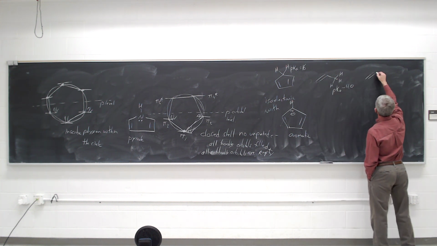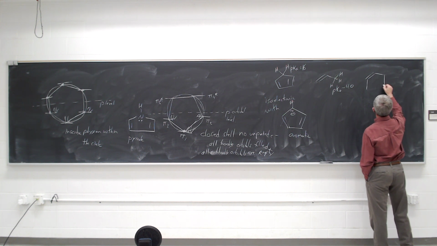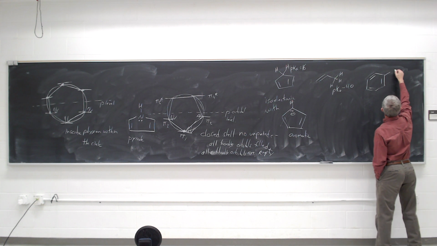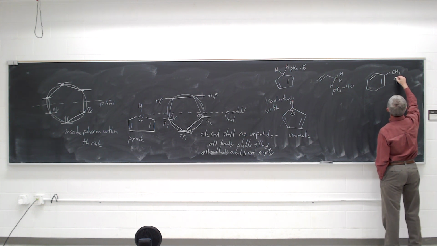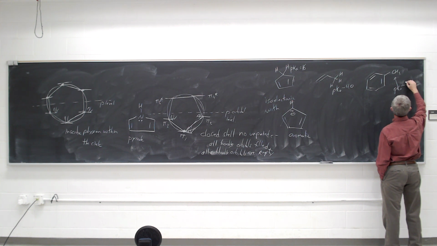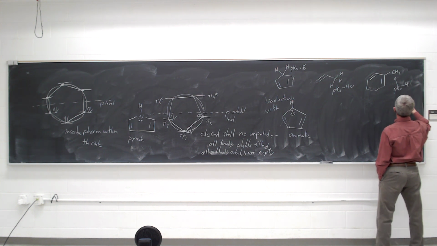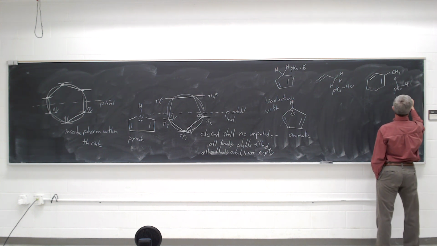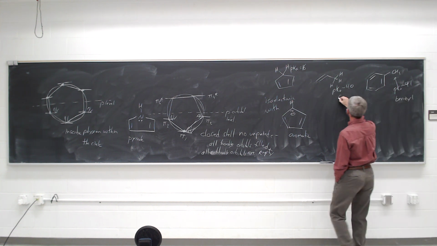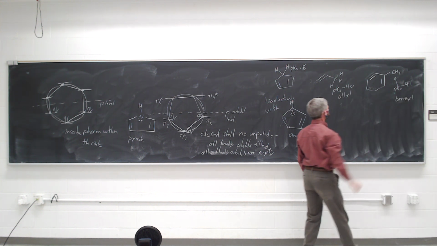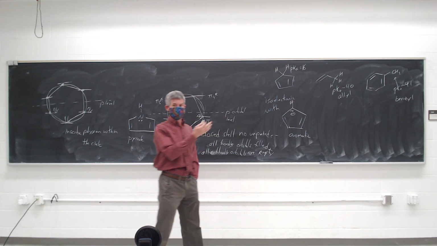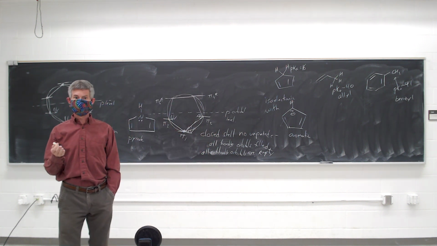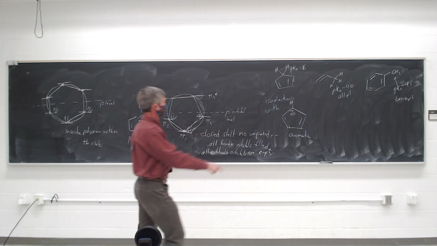Compare that with the CH3 group on a benzene ring, the benzylic position, pKa of around 41. So those change by 9 or 10 orders of magnitude over an ordinary sp3 CH bond.